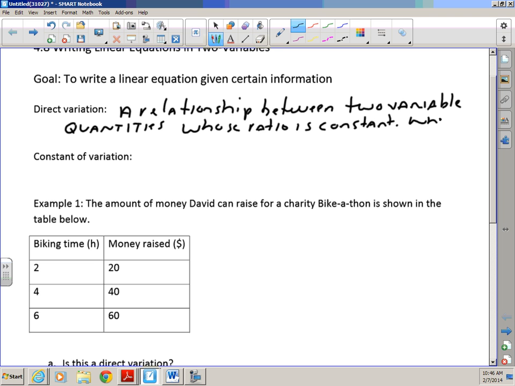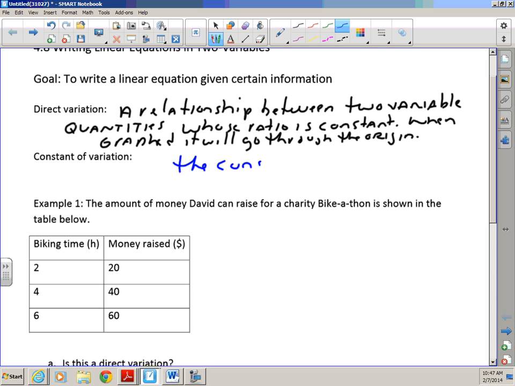When graphed, it will go through the origin, meaning its y-intercept is 0. That constant is called the constant of variation, that constant ratio. All right, so let's take a look at this in the context of a couple of problems.